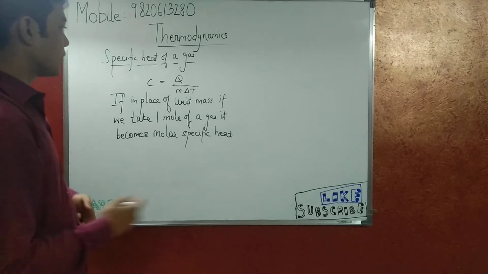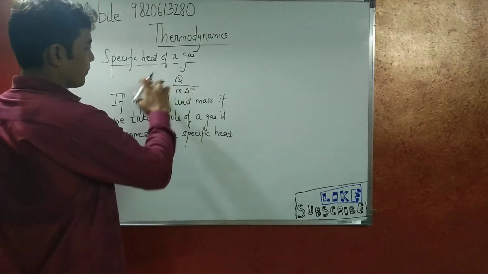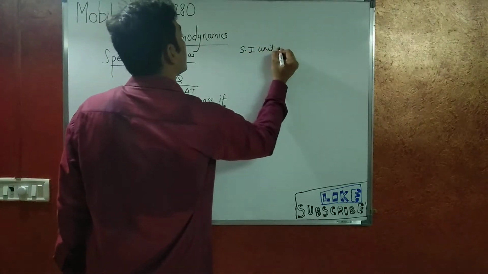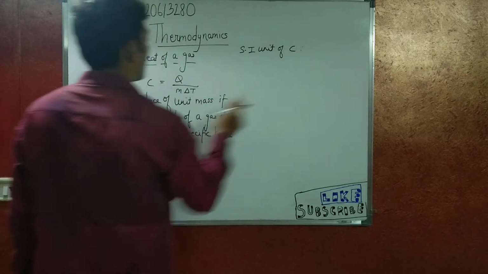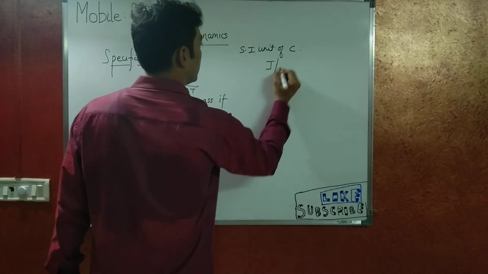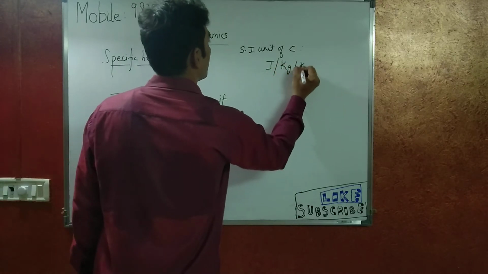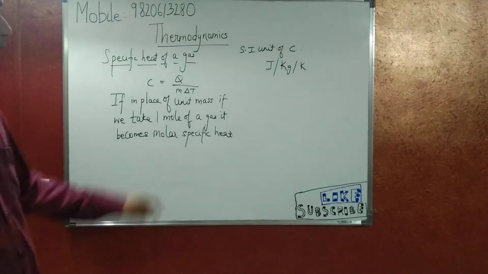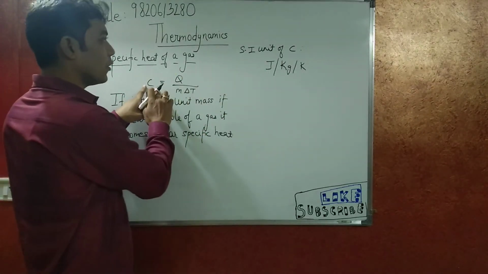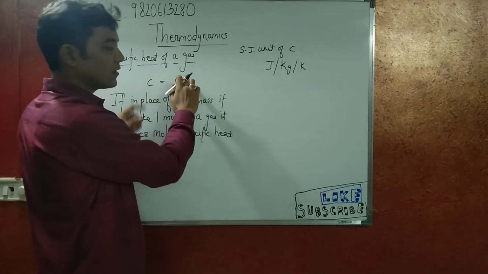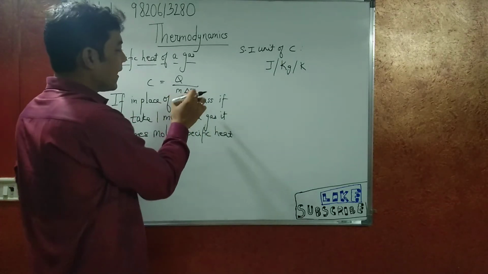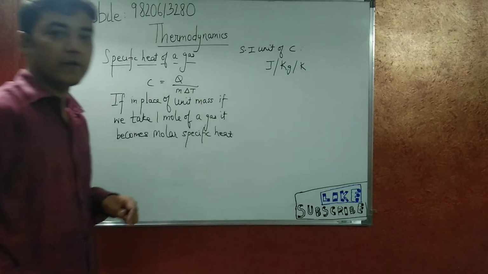Now normally, what is the SI unit of C? It is joule per kg per Kelvin. If we consider unit mass, that is 1 kg, then heat is in joules, M is the mass in kg, and delta T is the temperature in Kelvin.